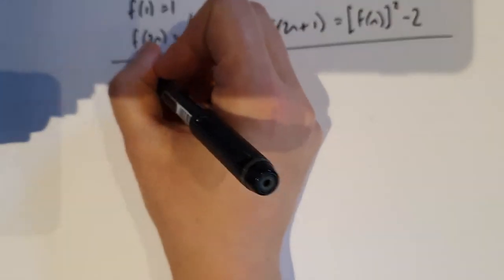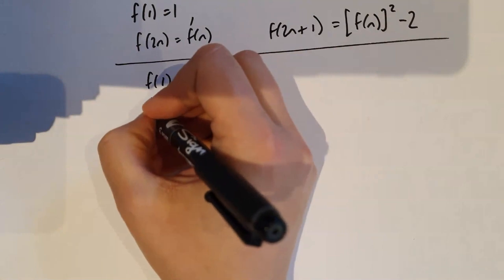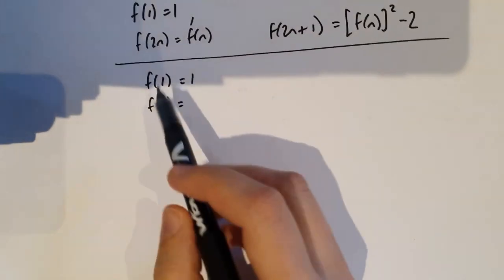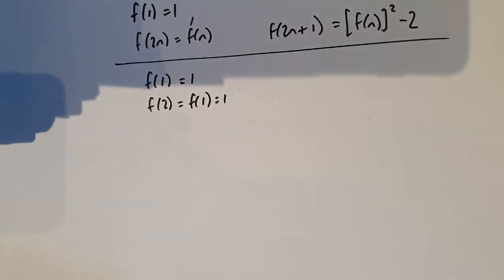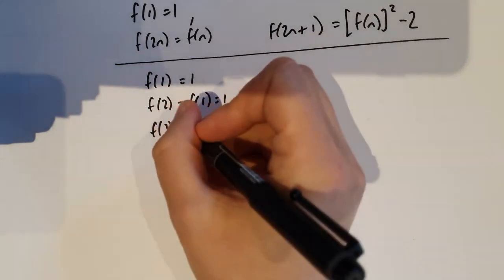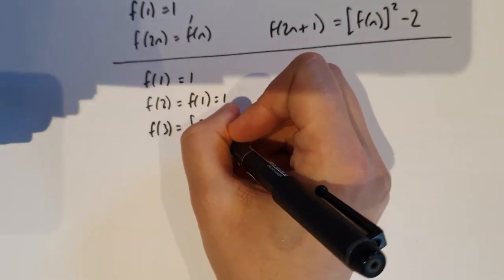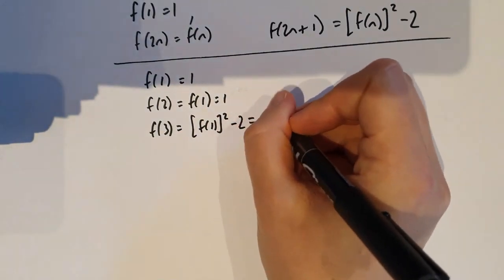So if we try to do that, f of 1 is 1, we're told that by definition. F of 2, well 2 is twice 1, so that's the same as f of 1, which is 1. F of 3, so 3 is odd, we're over here. This is going to be the square of f of 1 minus 2, and that gives us minus 1.